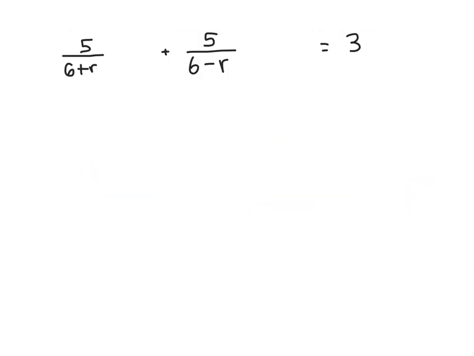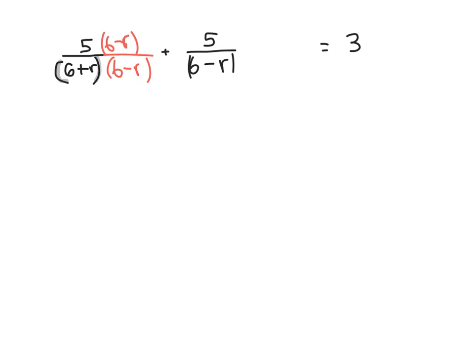So back to our problem, we're going to get common denominators and then multiply through. So my common denominator here would be 6 plus r, 6 minus r. So I'd multiply this first fraction by 6 minus r over 6 minus r. I know that doesn't really look like an r.